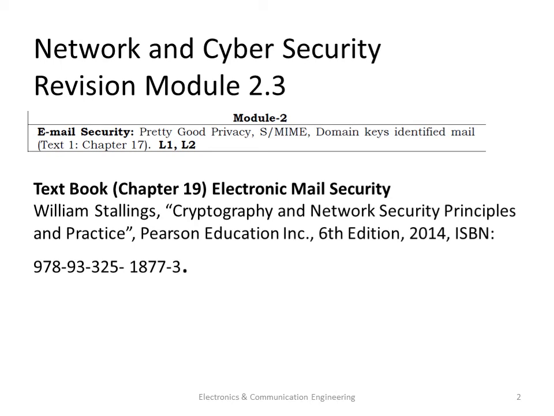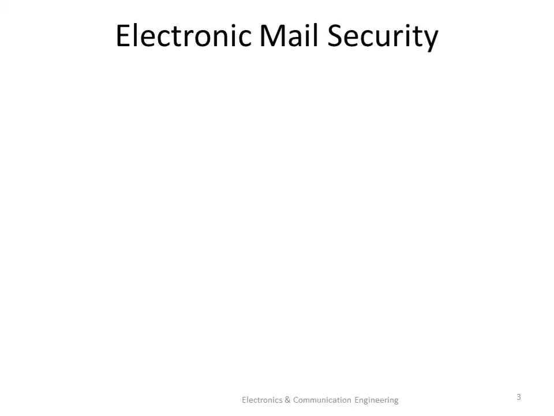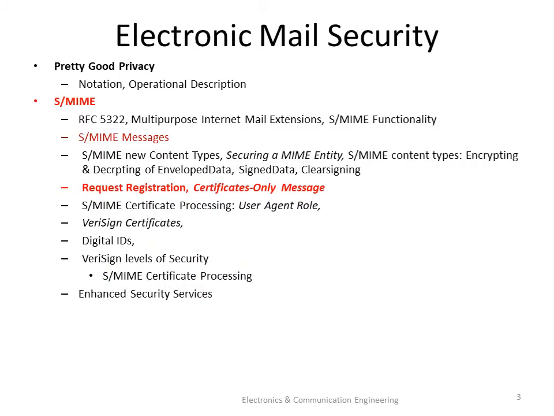I continue to refer to the textbook William Stallings' Cryptography and Network Security Principles. So continuing with the revision of module 2, we have already seen Pretty Good Privacy, and then we have also seen S/MIME and RFC 5322 and so forth.